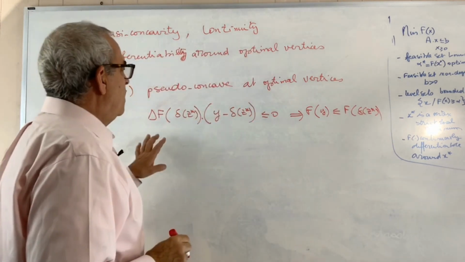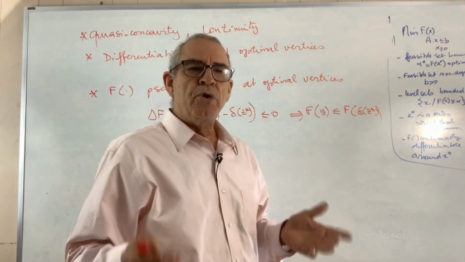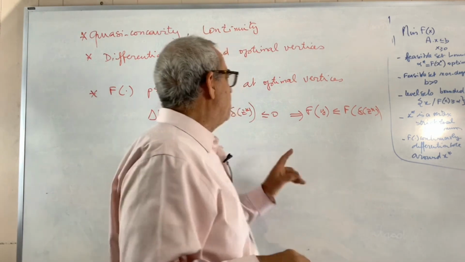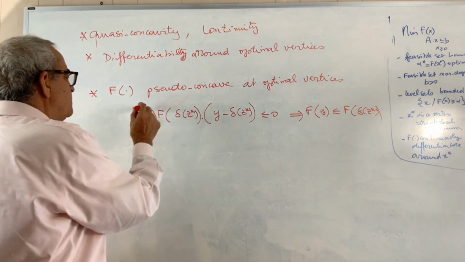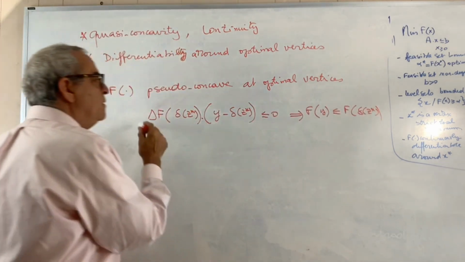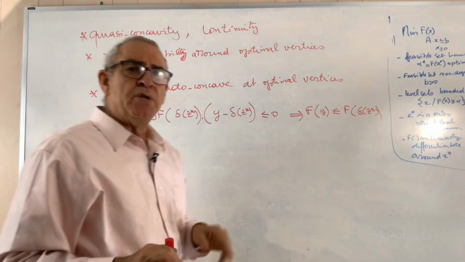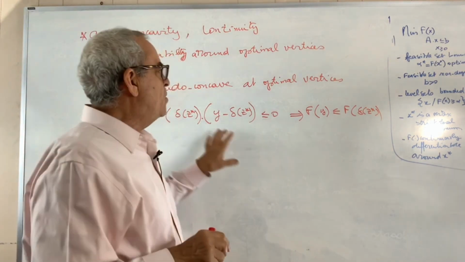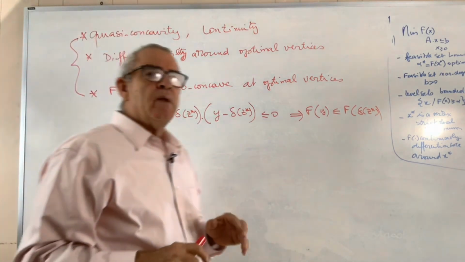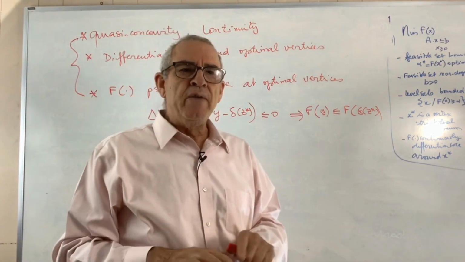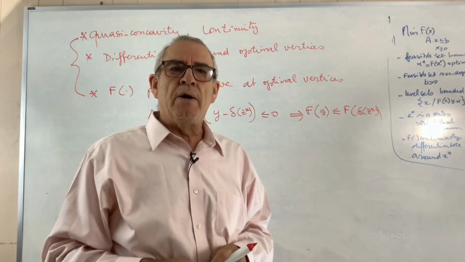We needed this to show that Z star was the unique optimizer of a specific LP involving the gradient. So this is a pseudo-concavity property, but it's not needed everywhere. It's needed only at Z star, at the optimal answer, at every optimal vertex. So this is the minimal set of assumptions that will give us the largest set of problems that can be solved by the conical algorithm.